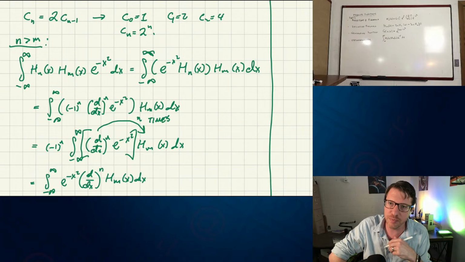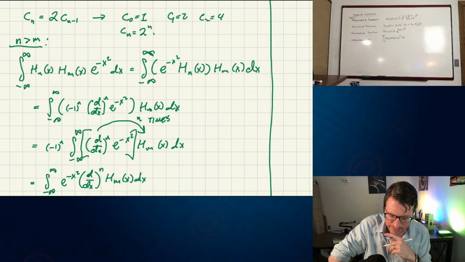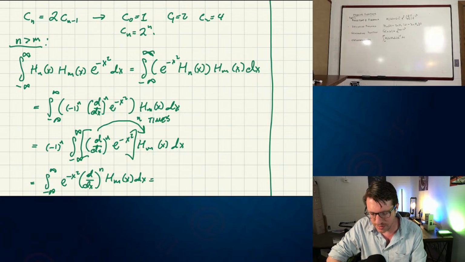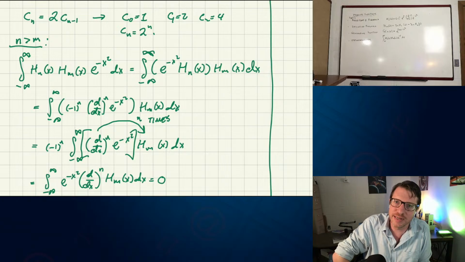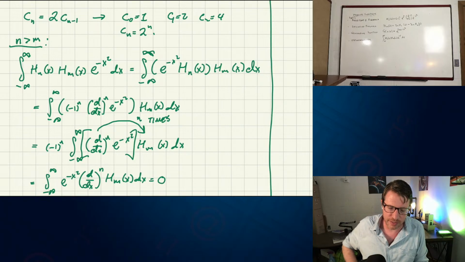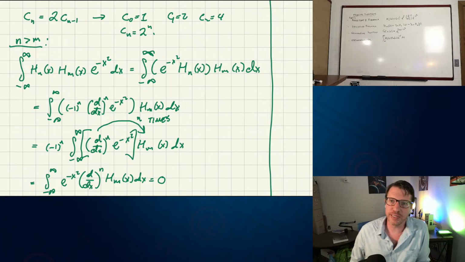And well, now we're taking n derivatives of an m degree polynomial, and we said already that m is smaller than n, and so this is automatically 0 because it gives us the zero polynomial. So that's pretty handy. Their actual orthogonality is really easy to show.